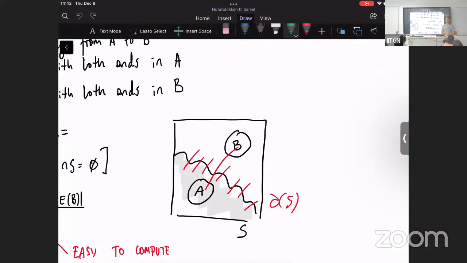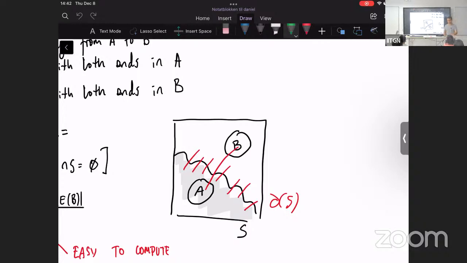So again, let's do indicators. For every edge with both endpoints in A, so for every edge in EA, what is its expectation? 0. The same for EB. What about EAB? It's 1. And for everyone else, 1/2.